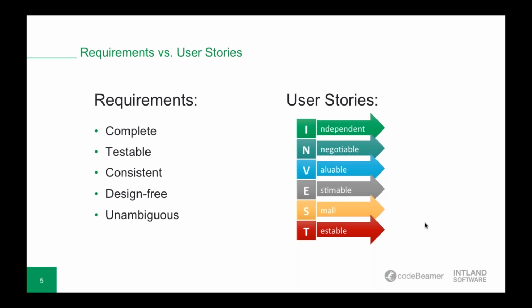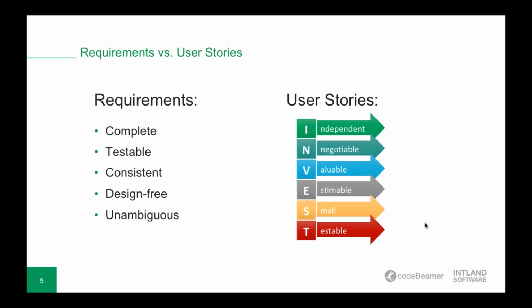Let me continue by clarifying a few differences in terminology. More specifically, the difference between requirements and user stories, because I believe the difference isn't completely self-explanatory. Requirements are criteria like constraints, conditions, or capabilities that the system must adhere to.